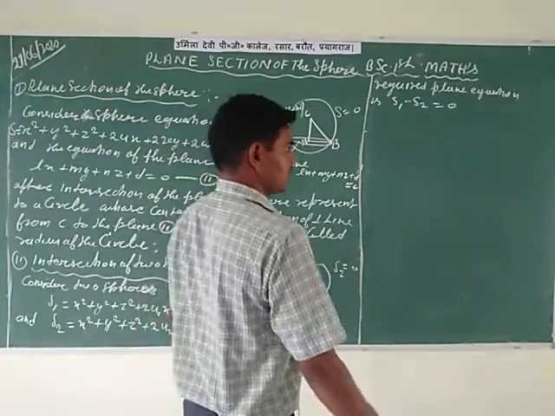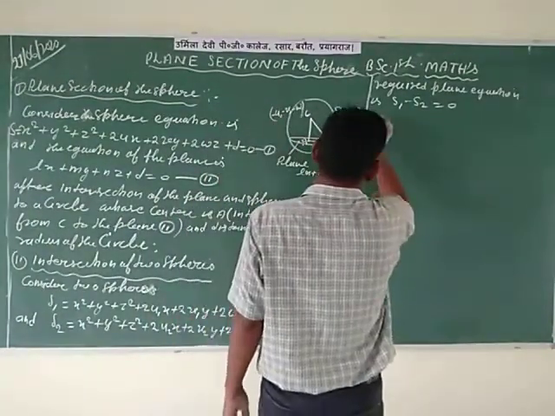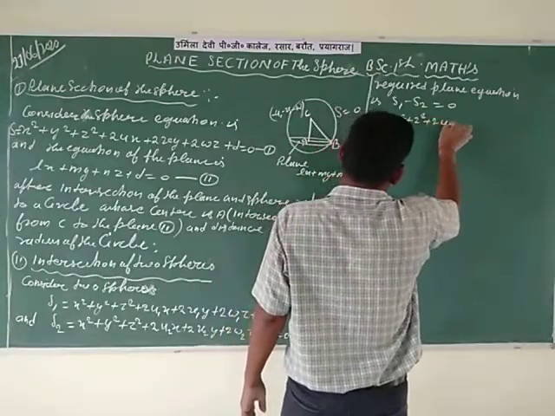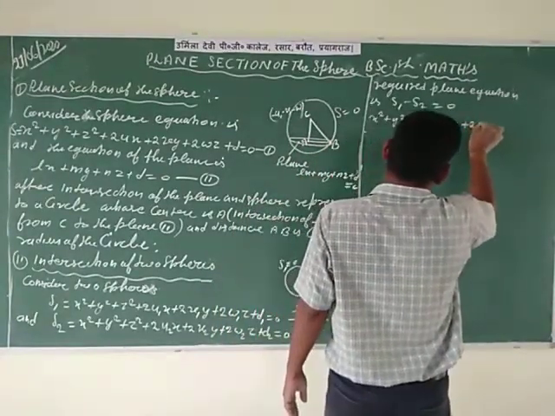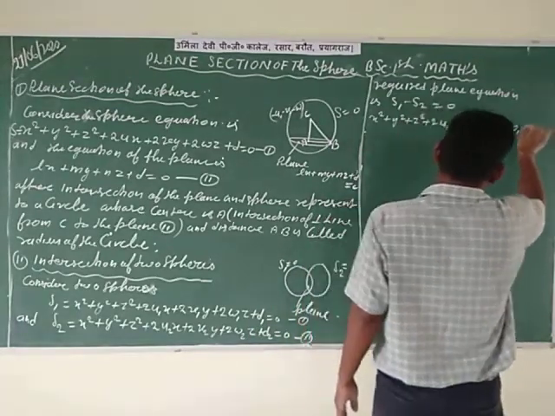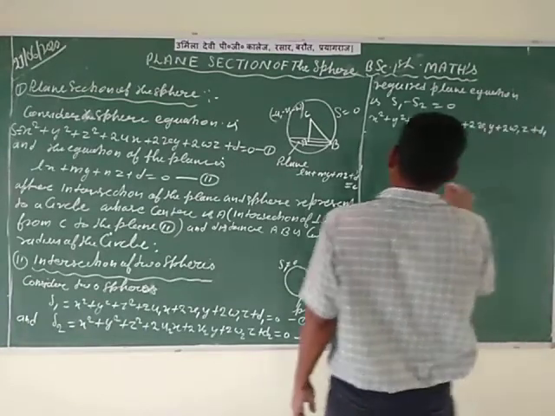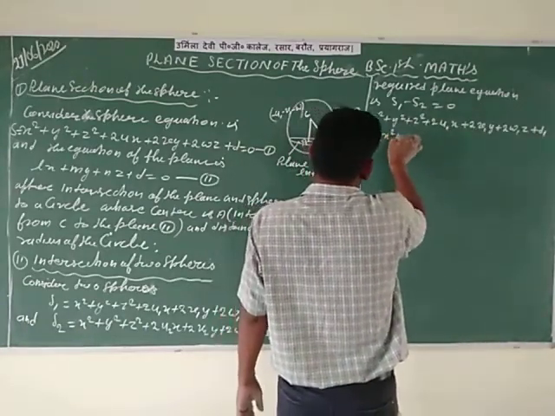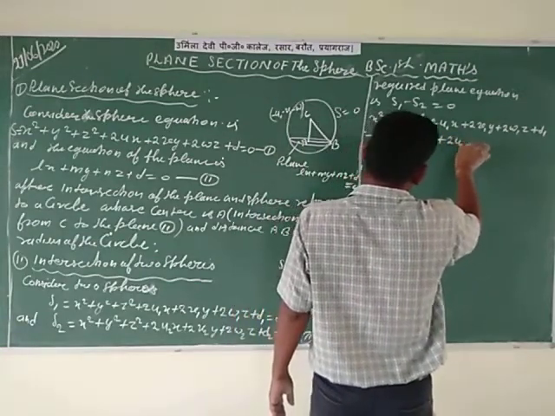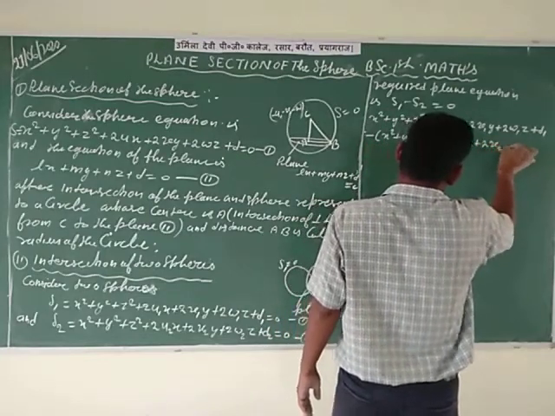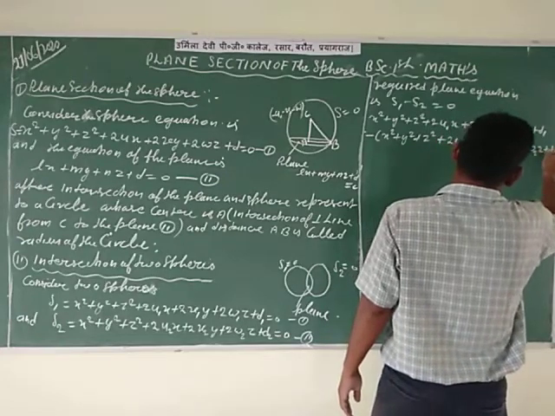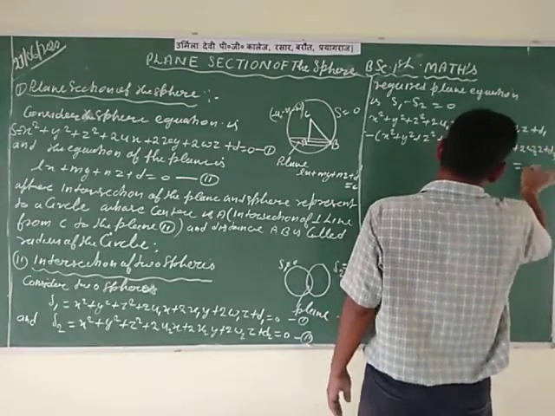So for the intersection of sphere first and second, the required plane equation is S1 minus S2 is equal to 0. Putting the values of S1 and S2 from equation first and second, x square plus y square plus z square plus 2u1x plus 2v1y plus 2w1z plus d1 minus the second, x square plus y square plus z square plus 2u2x plus 2v2y plus 2w2z plus d2 is equal to 0.